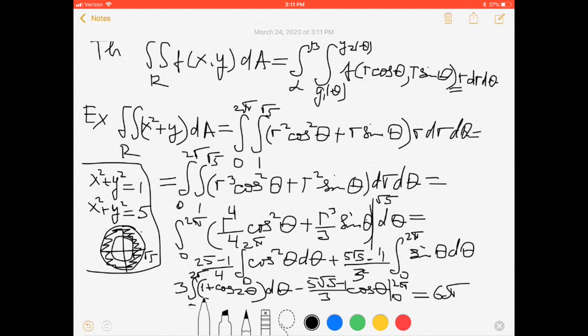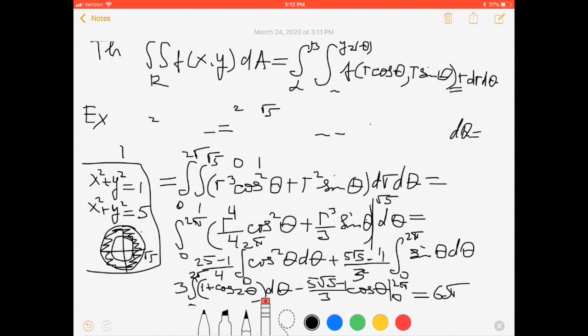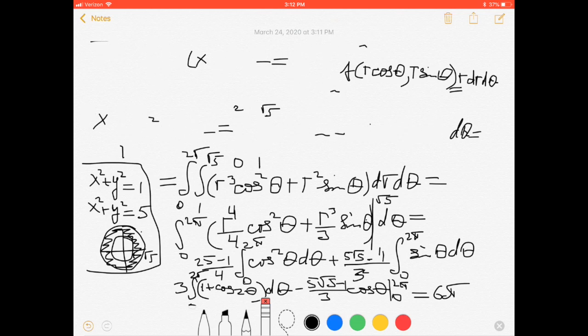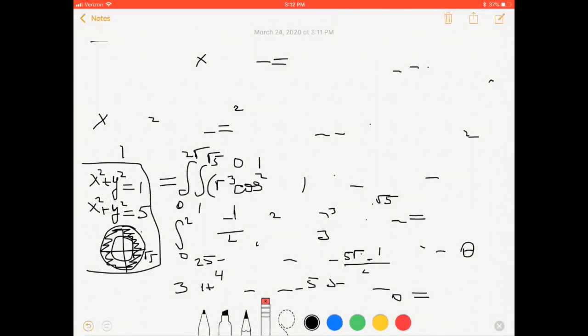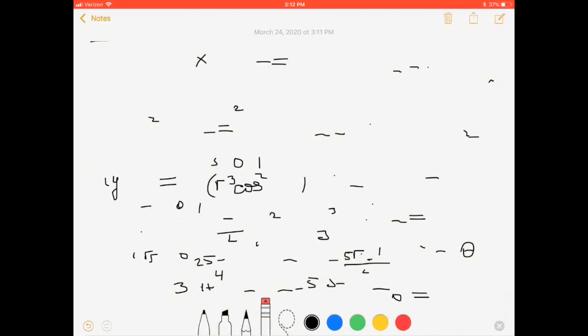Okay, let's see one more example. First I clear my table. One more example will help us see how we can integrate our integrals.